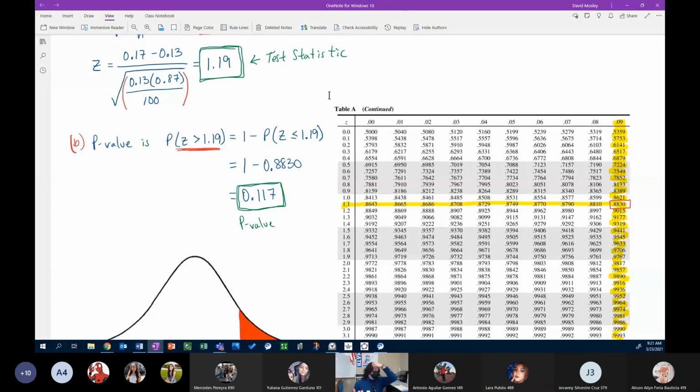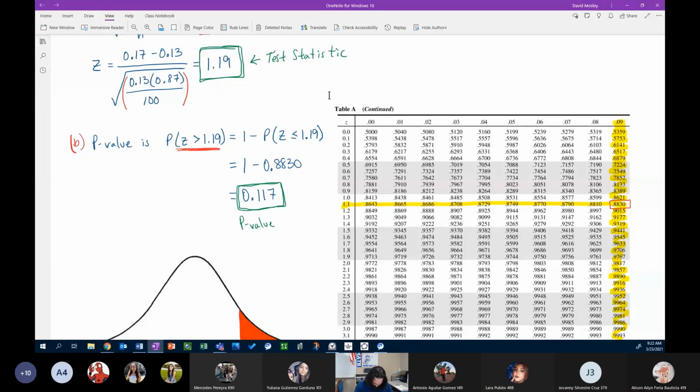always forget what this thing is called. We say the probability of Z being greater than 1.19 is equal to 1 minus the probability of Z being less than 1.19. So we use this conversion, we get 1 minus 0.8830.